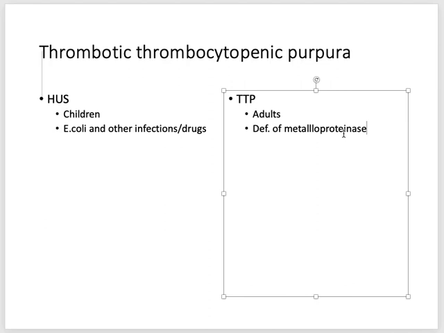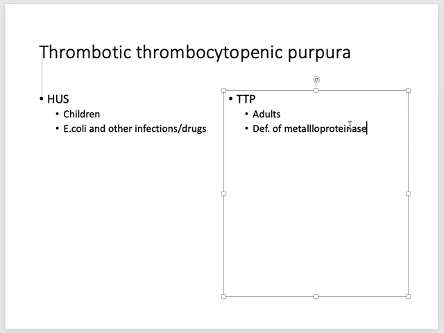Basically, these are the enzymes which break von Willebrand factors. It can be congenital or acquired. Acquired means caused by drugs or cancers and AIDS, for example, or it can be idiopathic. This enzyme destroys the ultra large von Willebrand factors which are present in our blood.